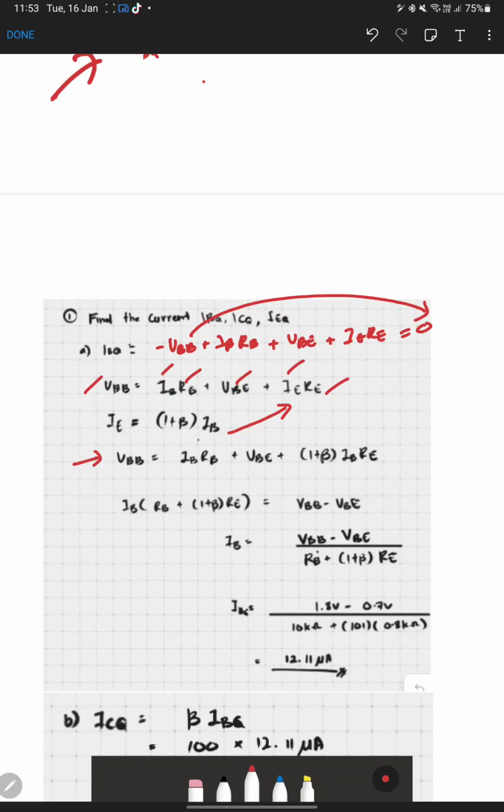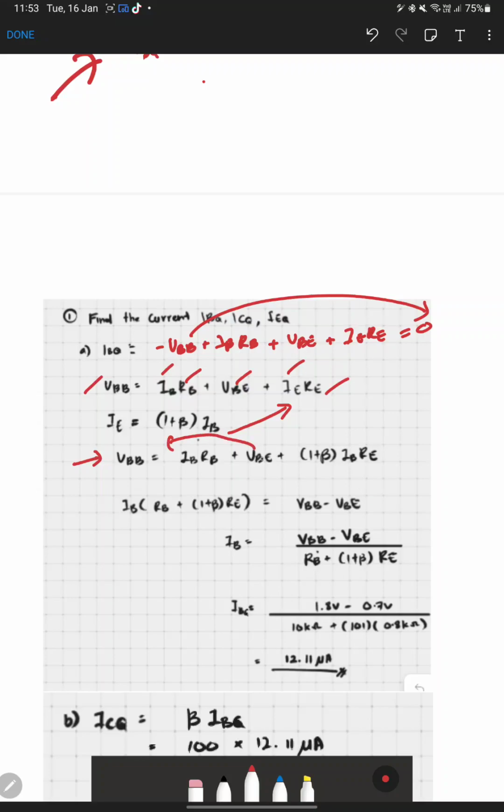VBB, we have VBB, IB, RB, and VBE, and then now IE in IB terms is equal to 1 plus beta IB RE. Then we let IB be on one side and voltage on the other side. So VBE goes to the VBB side.